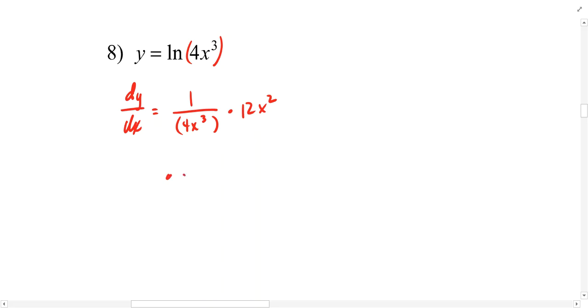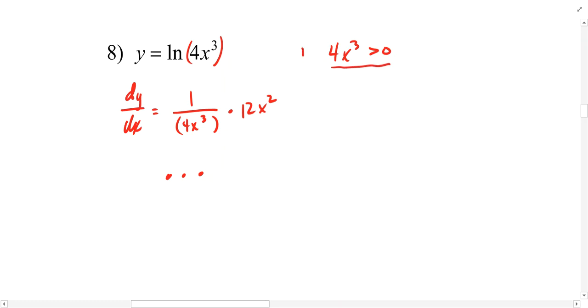You should be careful with this and recognize that there is a domain restriction. The derivative of natural log of x is only 1 over x when x is positive. So in this case, we are assuming that 4x cubed is also positive.